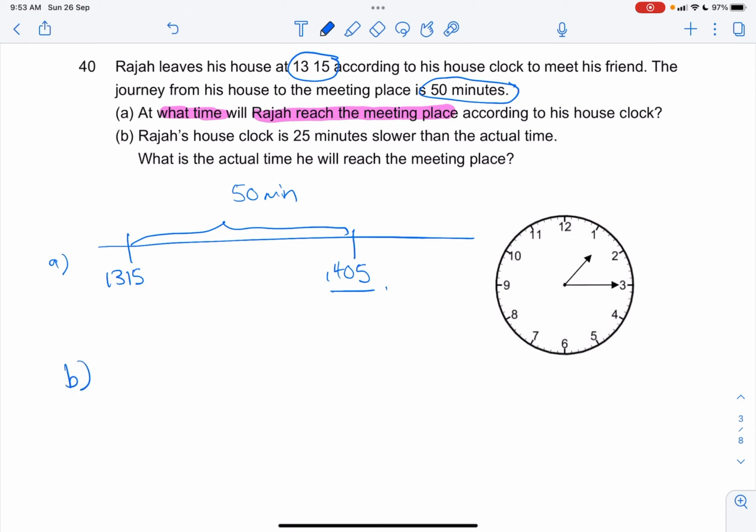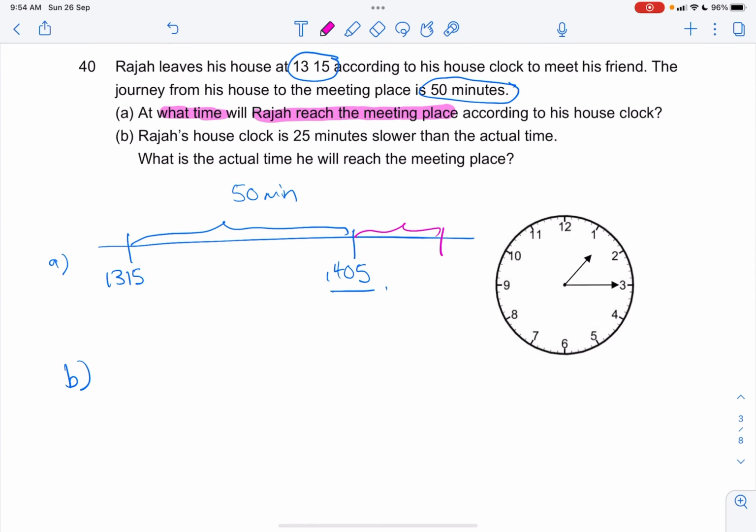Now for B. His house clock is 25 minutes slower than the meeting time. So if the clock is slower, that means the time shown is actually earlier. And the actual time he reached will be later. So we are going to add another 25 minutes here.